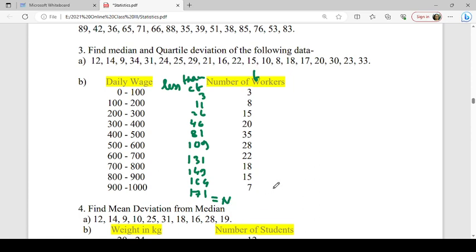Then for the median we need n by 2, for Q1 we need n by 4, and for Q3 we need 3n by 4.